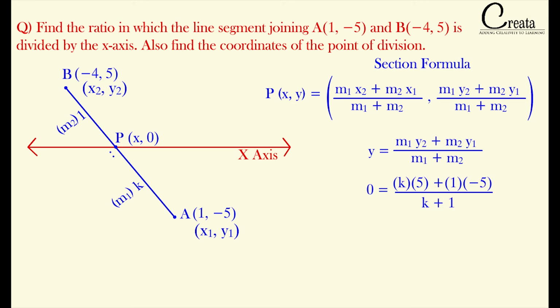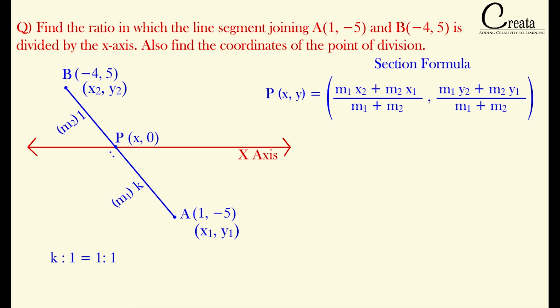Let's put in all these values. On solving, we got the value of k as 1. That is, the ratio k is to 1 will be equal to 1 is to 1. That is, the point P is dividing this line segment AB in the ratio of 1 is to 1. Okay, got it? We got one part of the answer.